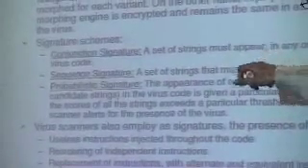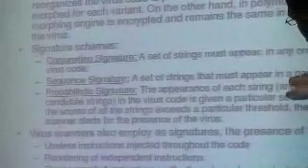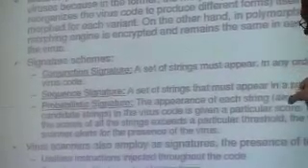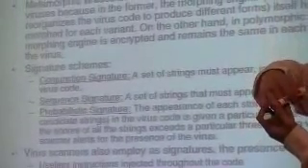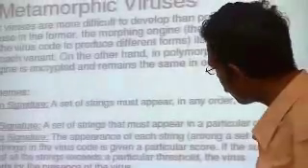A conjunction signature means the set of strings must appear, but in any order. One binary pattern followed by another binary pattern is called a string, one string after the other.